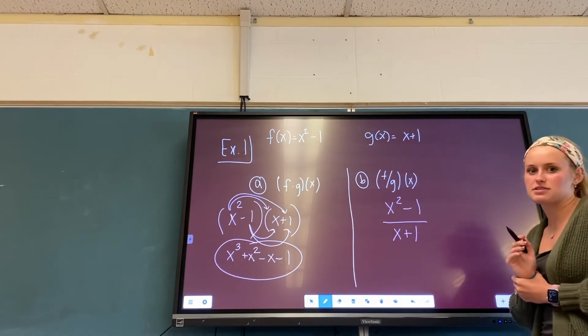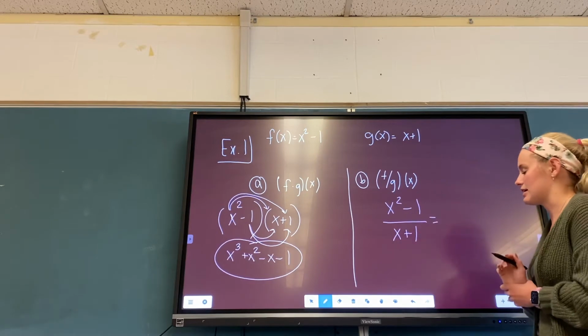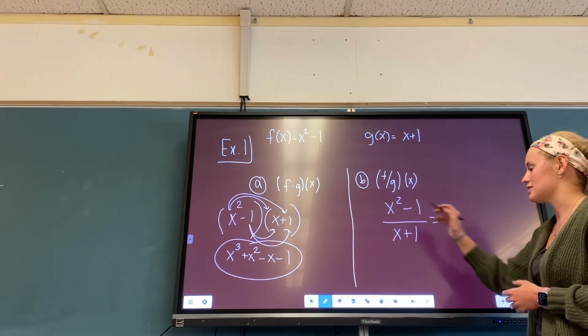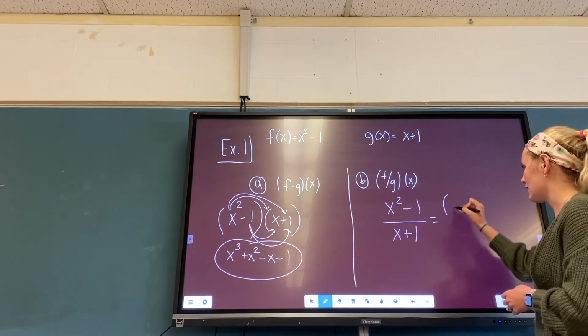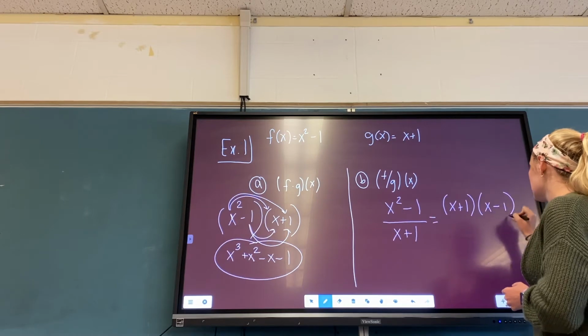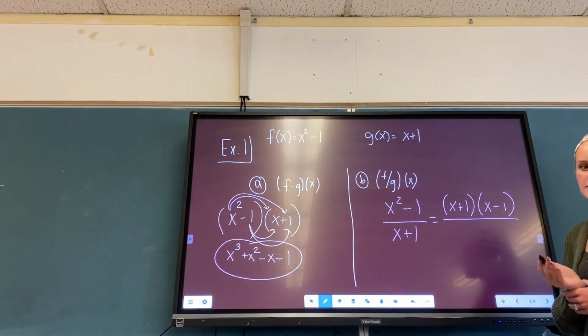It's called the difference of squares. Since 1 is a square and x squared is a perfect square, and there's a minus in the middle, I know this factors into x plus 1 times x minus 1. It's called the difference of two squares.